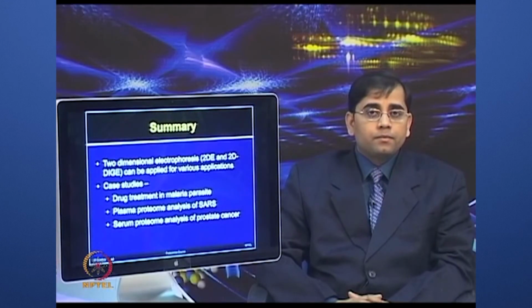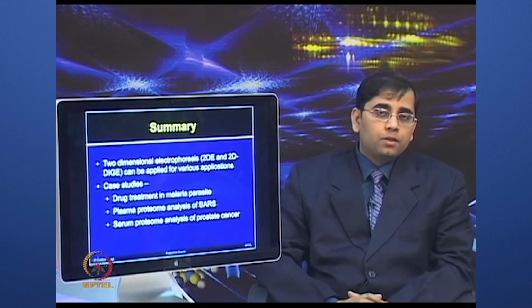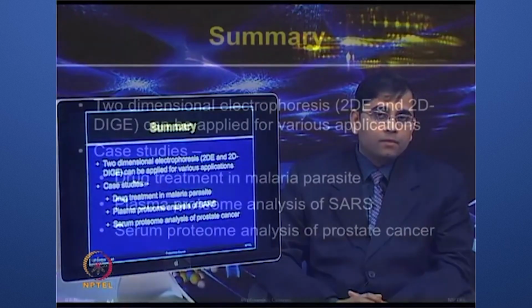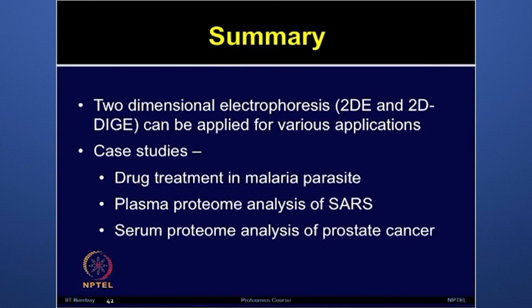So, in summary, in today's lecture, we finished 2 case studies on 2-dimensional electrophoresis, which were continued from the previous lecture. We discussed different types of drug treatment in the malaria parasite, Plasmodium falciparum. We also discussed the SARS proteome alteration in the plasma due to the SARS virus infection.